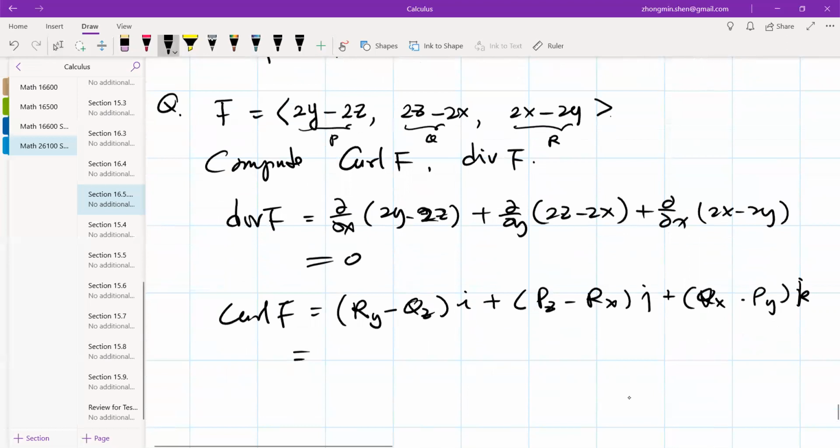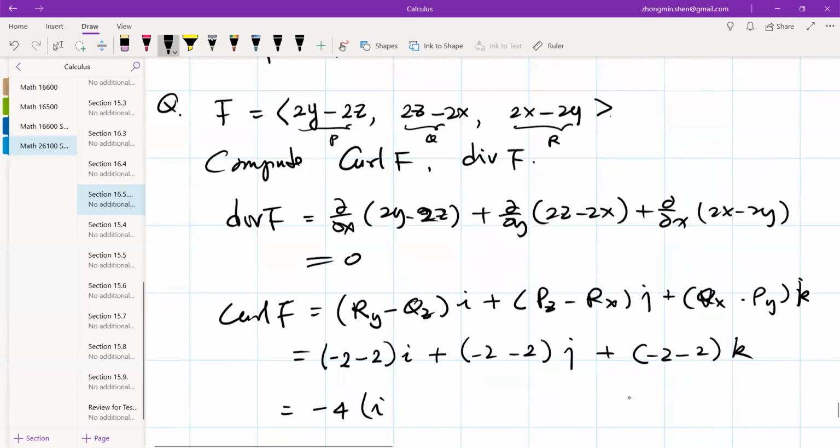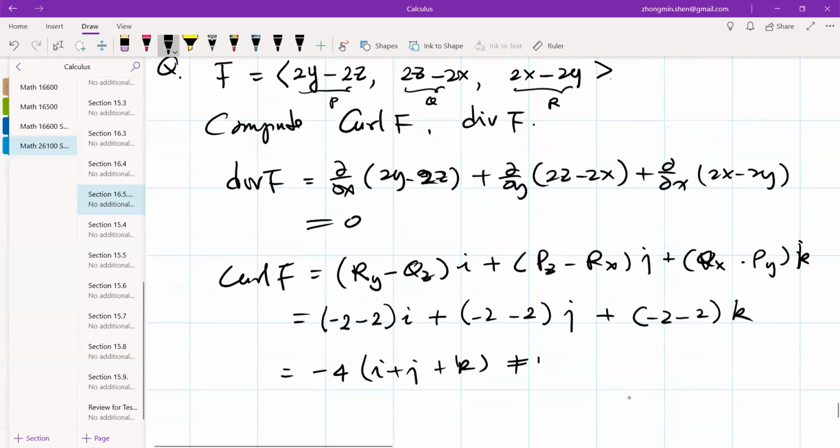R_y is negative 2, Q_z is 2, so that gives negative 4 for i. P_z is negative 2, R_x is 2. Q_x is negative 2, P_y is 2. Wow, that's interesting. So this is not going to be 0. The curl of F is not 0.